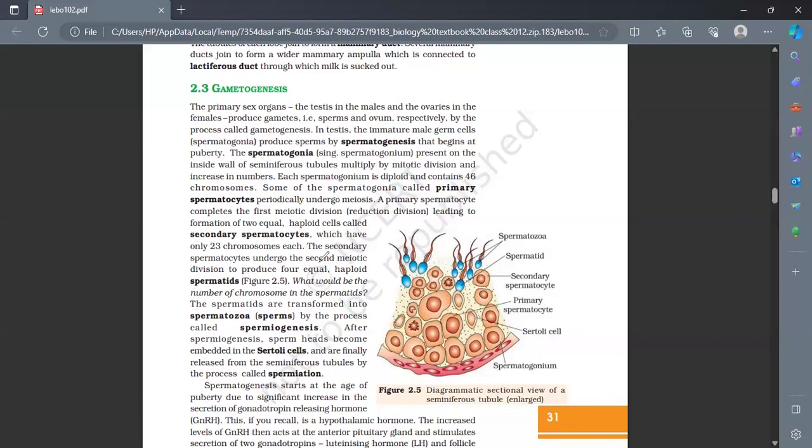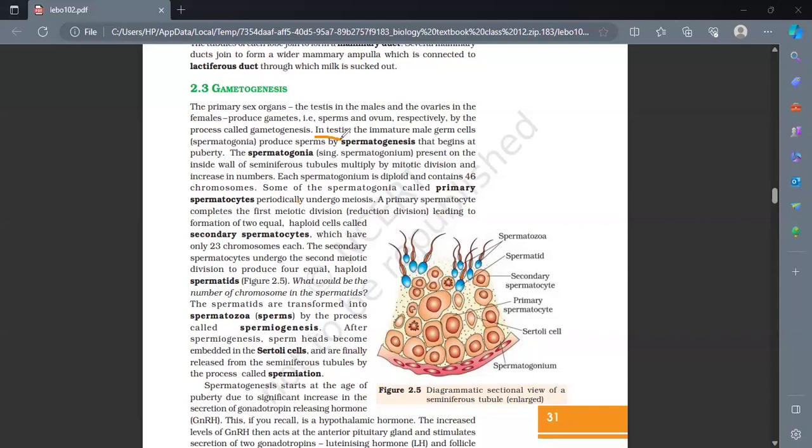Inside the testes the sperms are produced, and that process begins at the time of puberty. When the child attains puberty, the sperm production starts inside the testes.